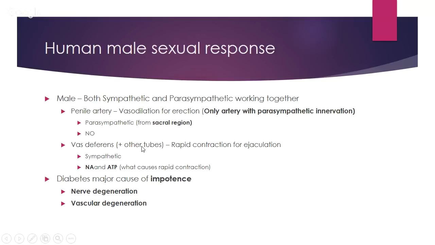Because the vas deferens and other tubes that you guys will learn about later need to rapidly contract for ejaculation to occur. That involves the sympathetic nervous system, which uses noradrenaline and ATP. And diabetes is a major cause of impotence because of nerve degeneration and vascular degeneration, and you guys have talked a little bit about that with diabetes and stuff like that.